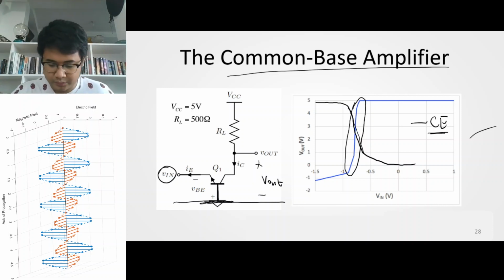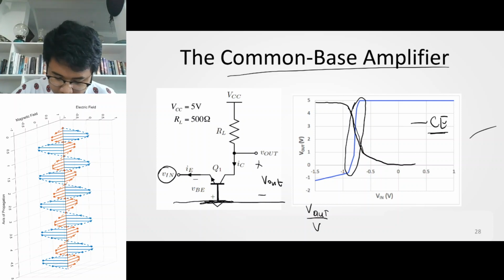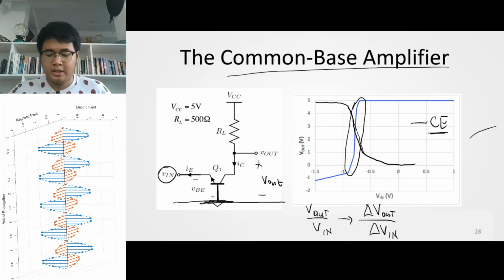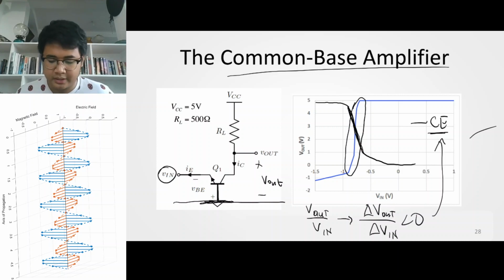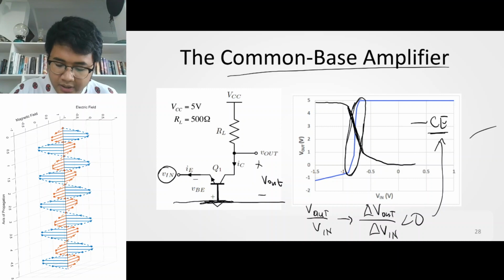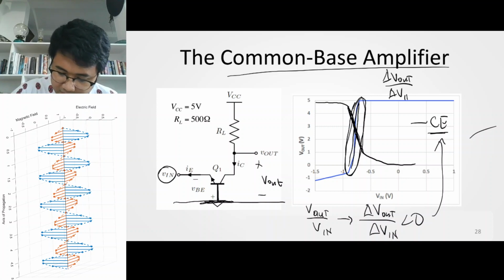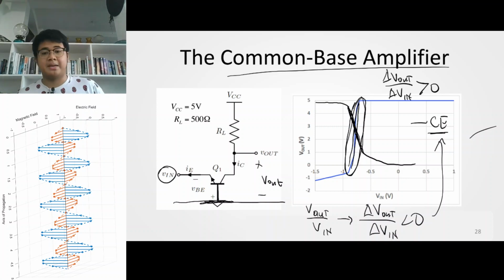Since we're talking about V out over V in, or the gain, we're actually getting the change of V out with respect to V in. The slope here is negative, therefore this is negative for a CE amplifier. But for a common base amplifier, you have a positive slope, therefore the gain, change in V out divided by V in, is greater than 0 for a common base amplifier.